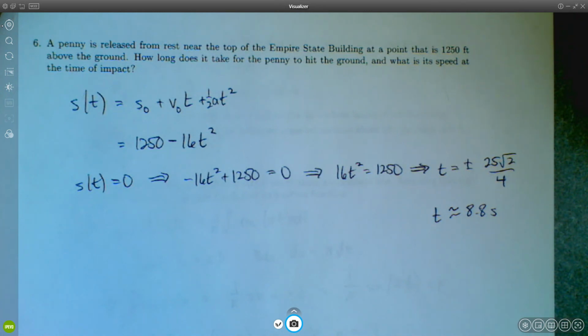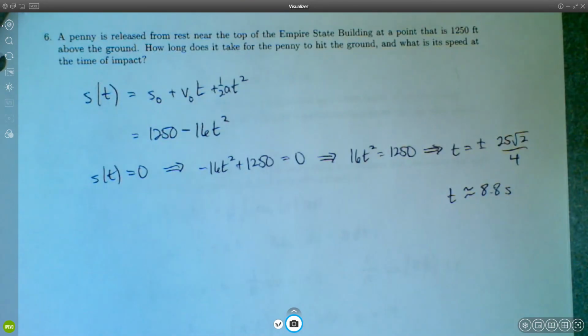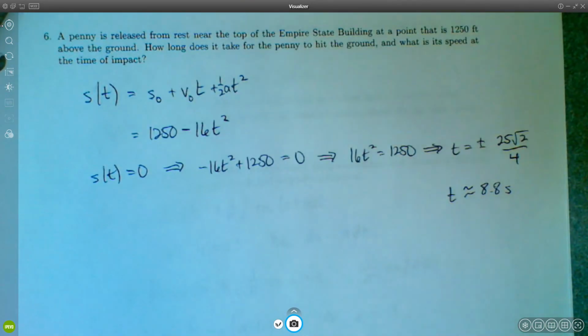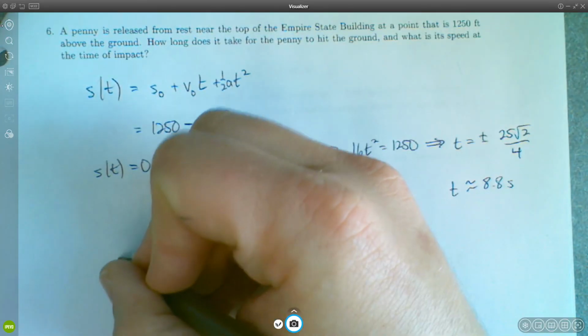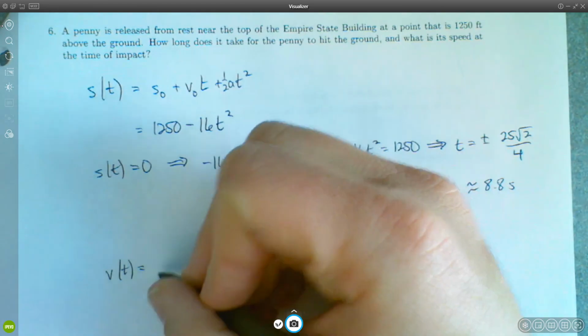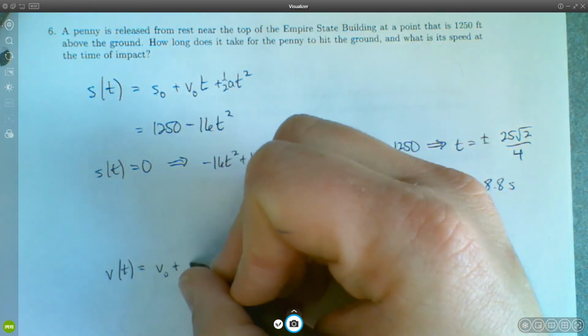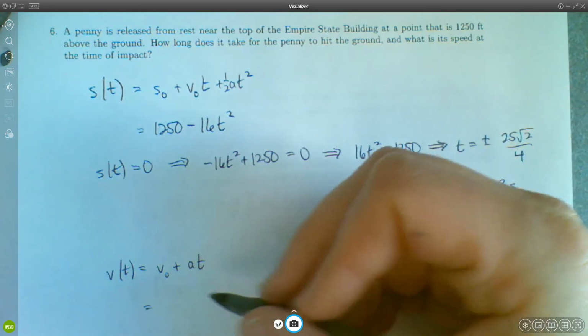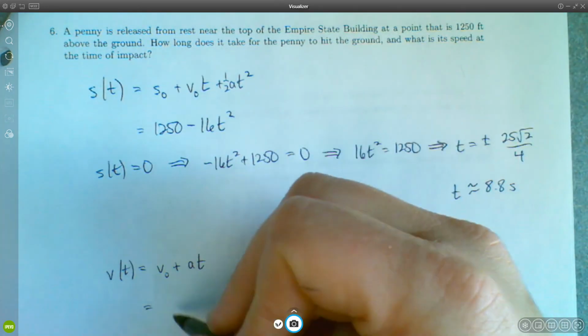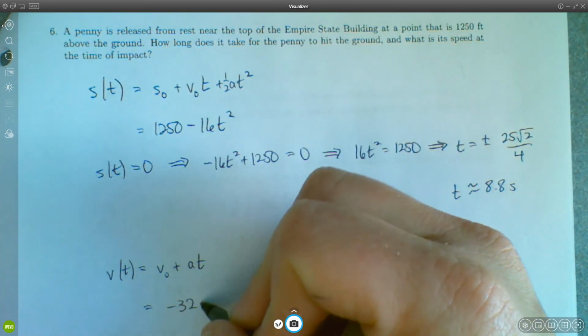Now the next question is what is its speed at this time? Well, the speed is the absolute value of the velocity. So let's find the velocity and then we'll just make the answer positive, okay? So the velocity is initial velocity plus acceleration times time. In this case, initial velocity again was 0 and the acceleration is negative 32 feet per second squared.